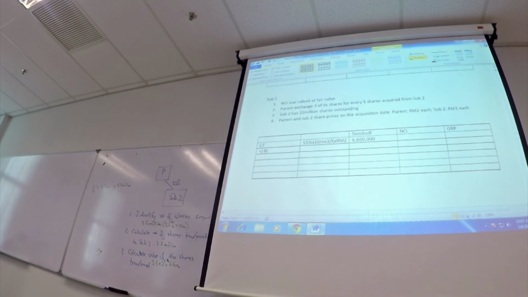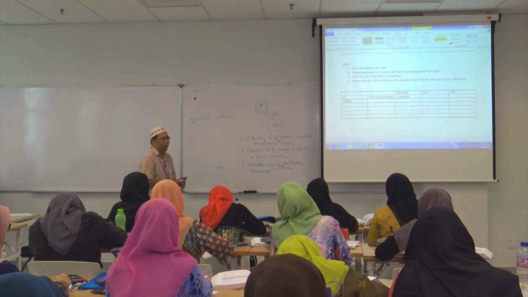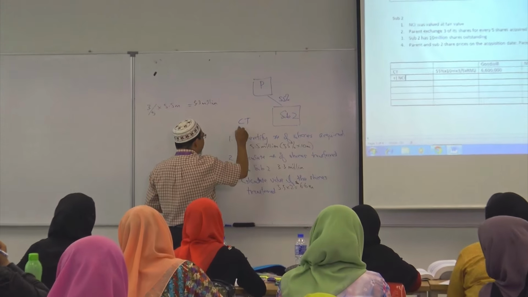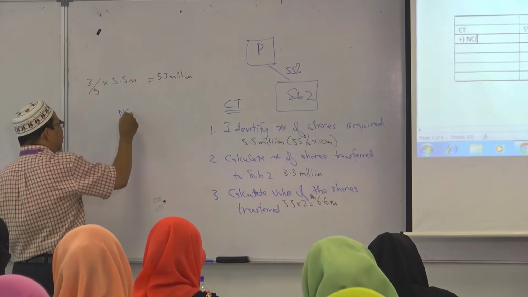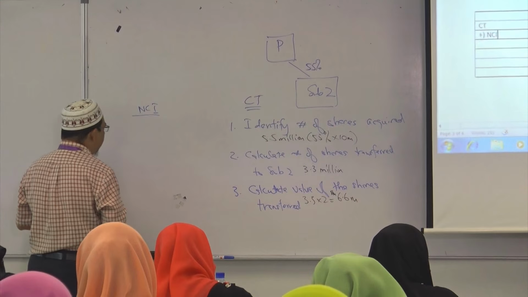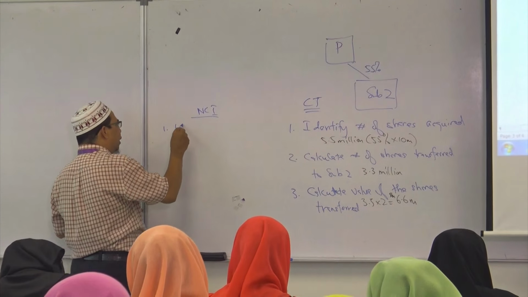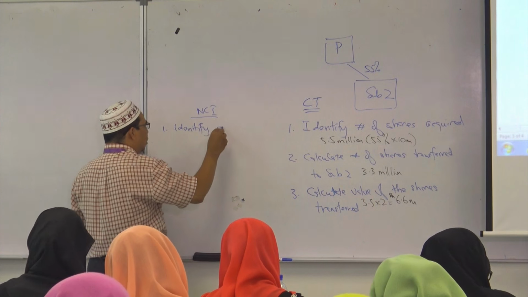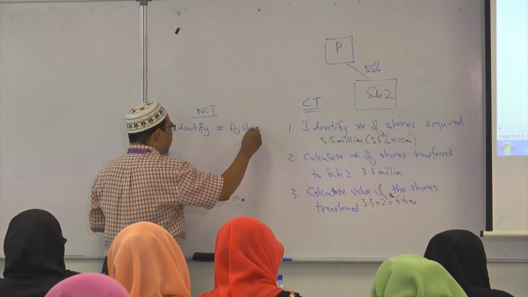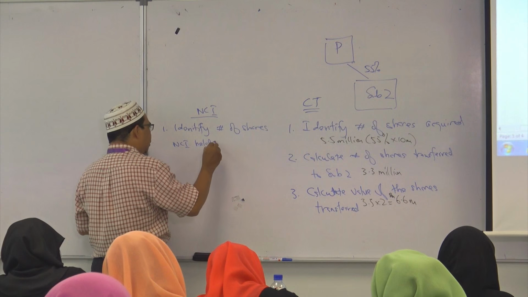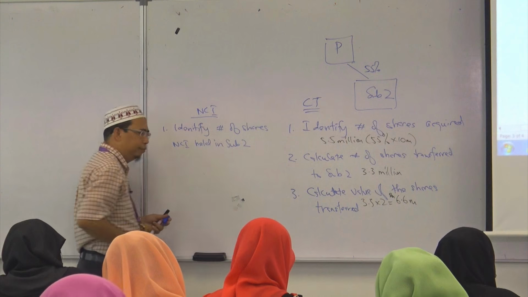So now NCI uses fair value. For NCI, this one is your consideration transferred, this is the step. For NCI, number 1, identify the number of shares NCI held in subsidiary 2.